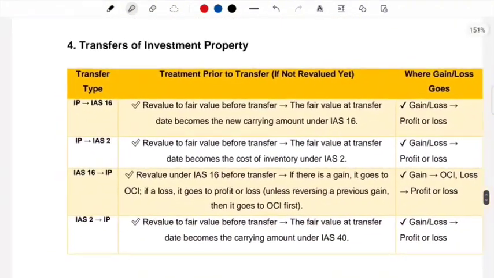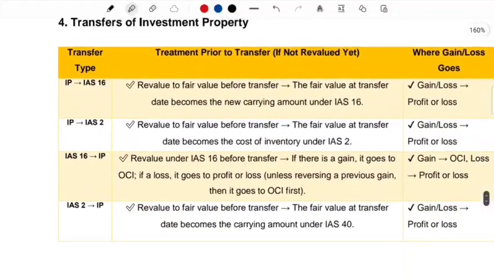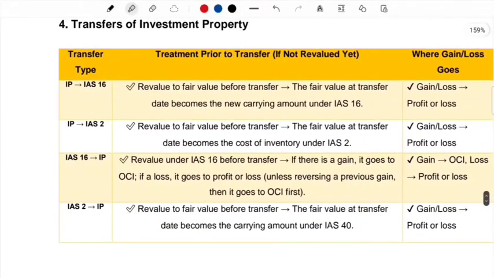Now, transfers of investment property. This is extremely important. As we discussed in the beginning, the entity can decide to change the use of the asset. It's completely fine if the entity decides to do that. For example, if I've acquired a property for the purposes of earning rentals or capital appreciation, maybe during the year I can decide to change the use of the asset to IAS 16, owner occupied, or use in administration. Or I can hold it as inventory for the purposes of sale in the ordinary course of business.